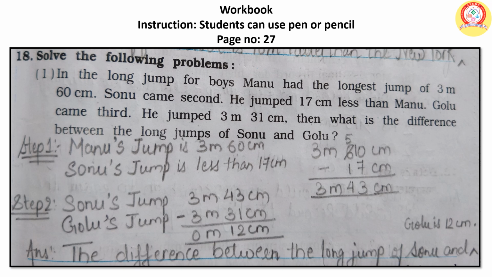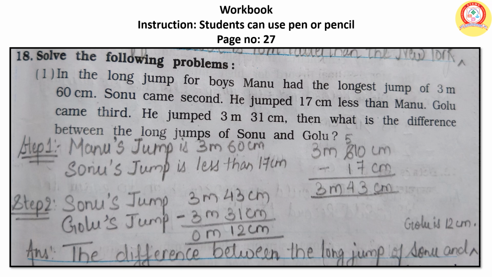Then what is the difference between the long jumps of Sonu and Golu? So children, Manu's jump is 3 meter 60 centimeter. Sonu's jump is 17 centimeter less. So we will minus 3 meter 60 centimeter minus 17 centimeter. We will get the answer 3 meter 43 centimeter.